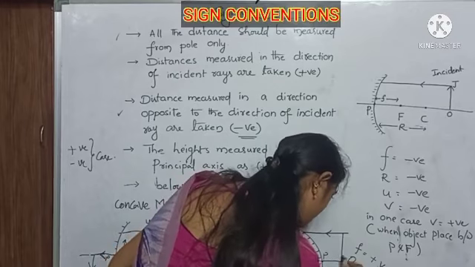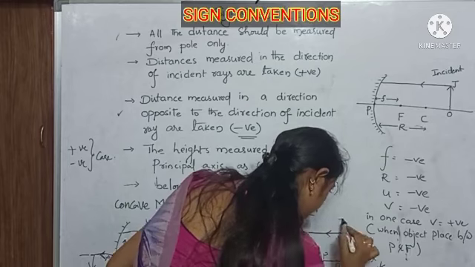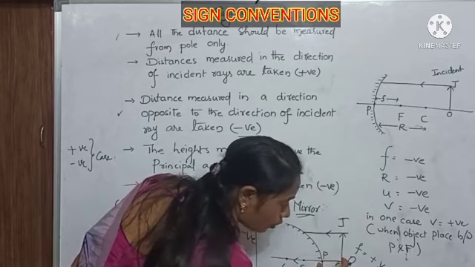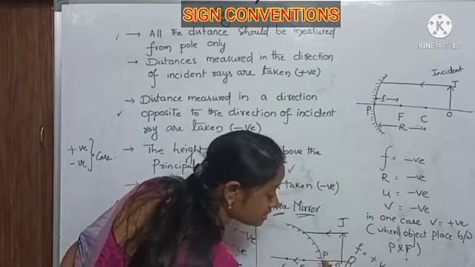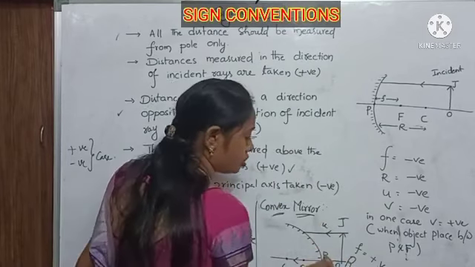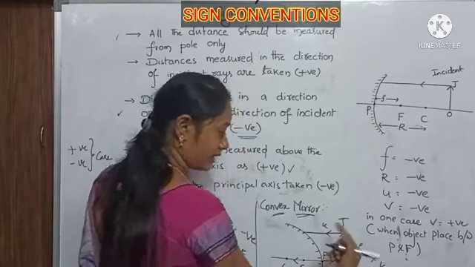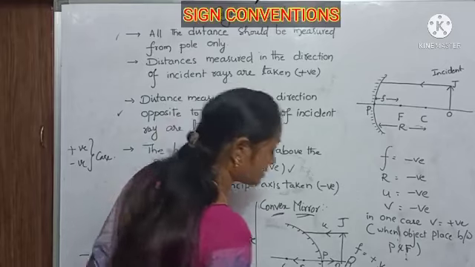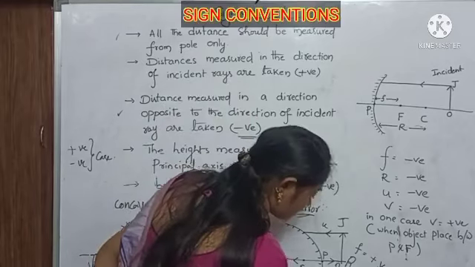I am placing an object here, OG. The distance from the pole to the object is the object distance. It is in the opposite direction, so we get negative.